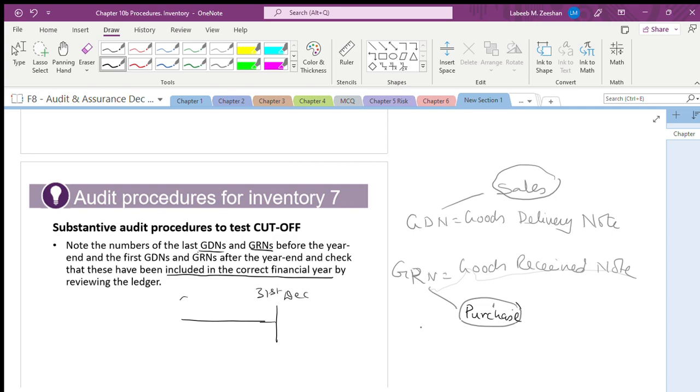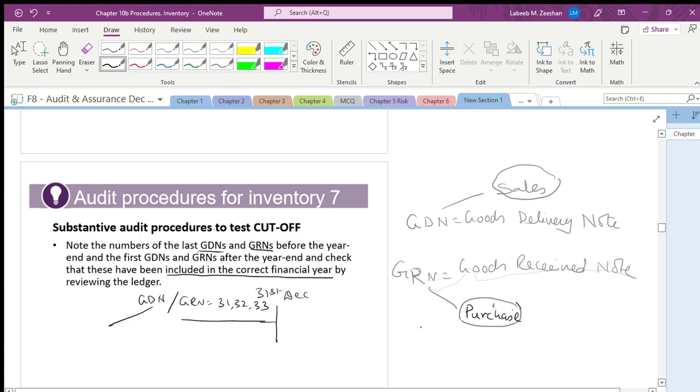Now you can make it a point. GRN is how much? 31, 32, 33. Now these are the last GRNs. Here we are talking about only goods received notes.